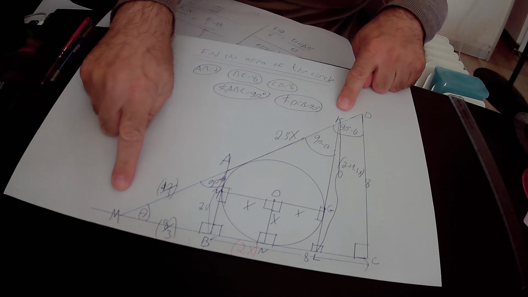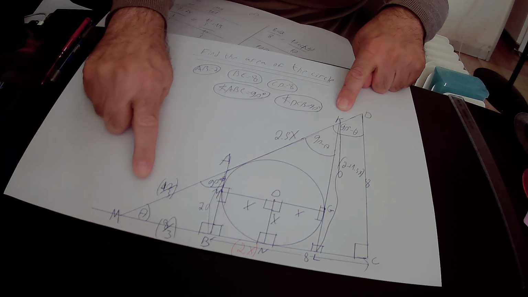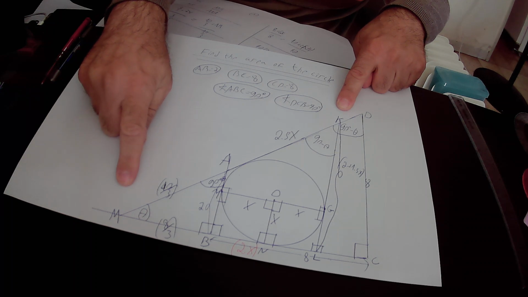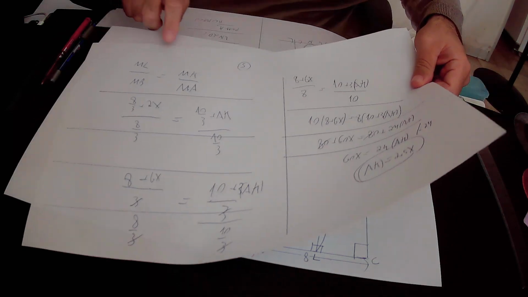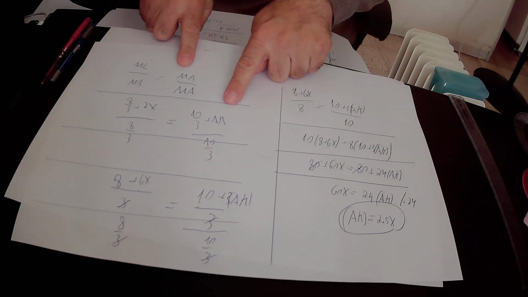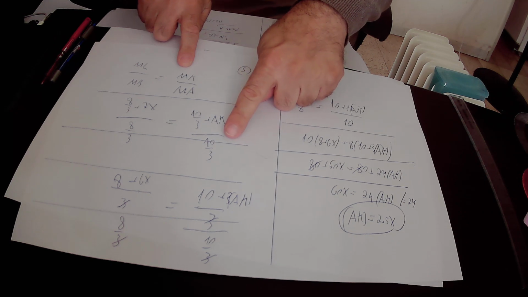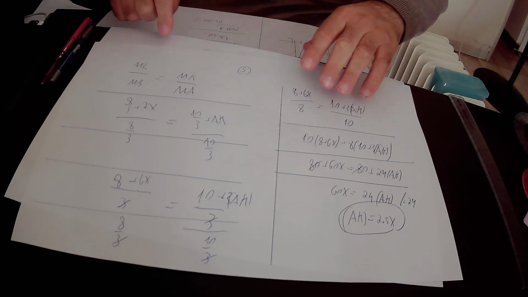It is very easy to see that MK equals MA plus AK. MA is 10 over 3, plus AK that is unknown. So we substitute MK by 10 over 3 plus AK.